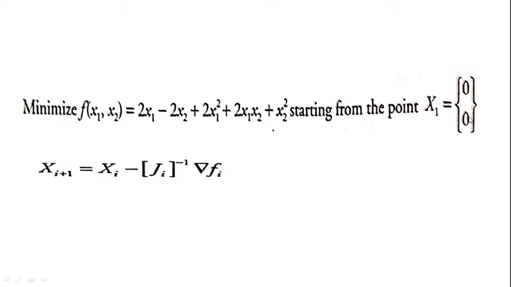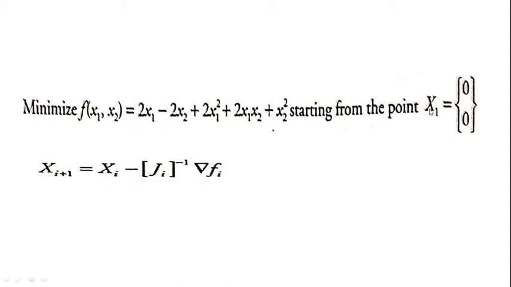The formula to calculate the next value of x is x_{i+1} is equal to x_i minus J_i inverse into delta f_i. So this equation you should know to calculate the next point for x.